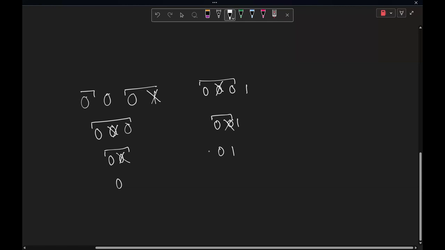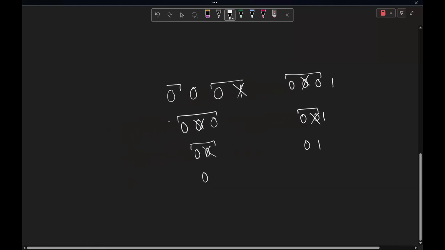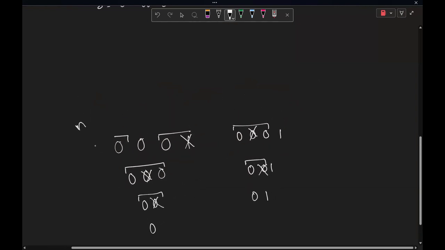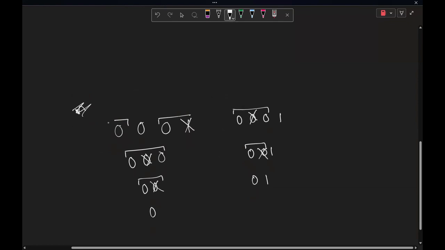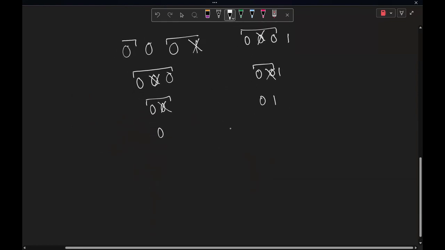So one idea which I was able to get is that initially the length of the string is n, right? Actually, before this I got another idea which was very important here.